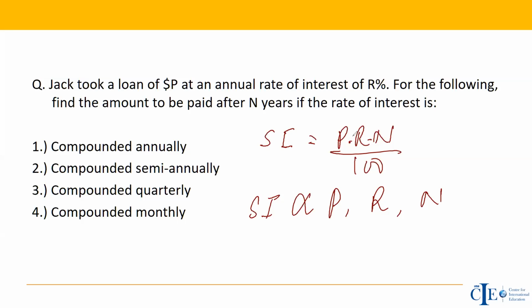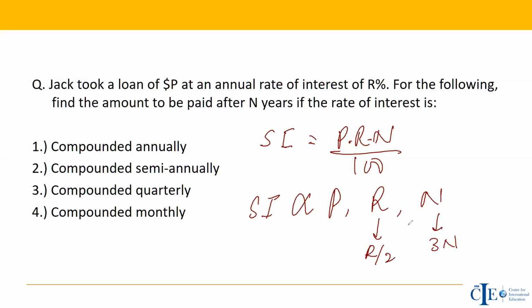Say for example, it is given that for the same principal, if the number of years were trebled, but the rate of interest is halved, what would be the new interest, or how much more would the interest be as compared to the previous one? So R becomes half, whereas N becomes 3N.